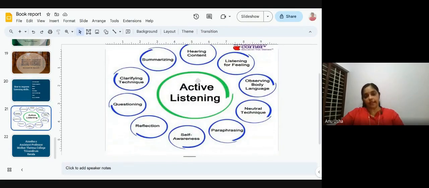And for active listening skill, here are some of the contents. Hear the content properly. Listen for the feeling inside it. Observe the body language of the person. Use a neutral technique. Think more about the process rather than what has been said by the person.